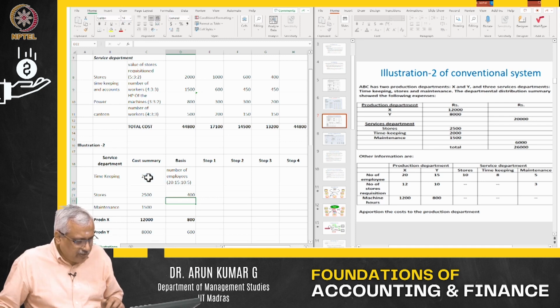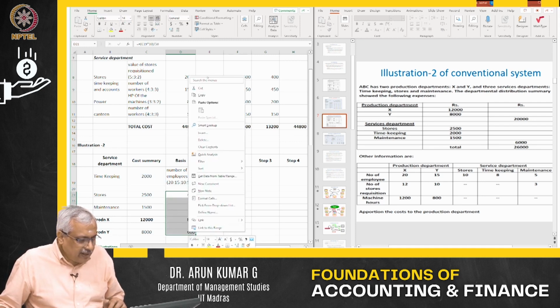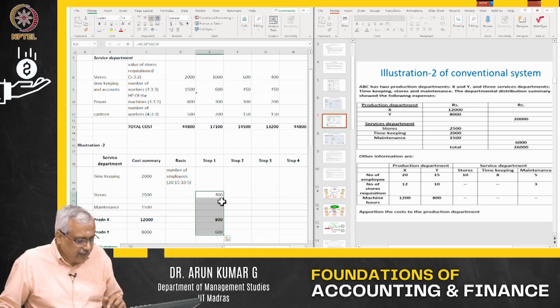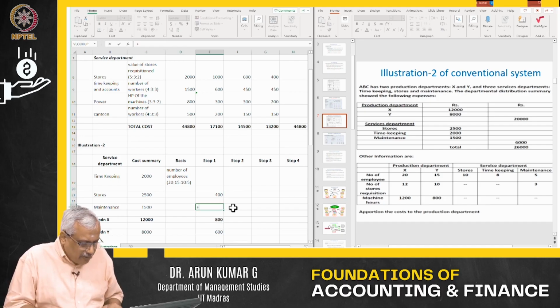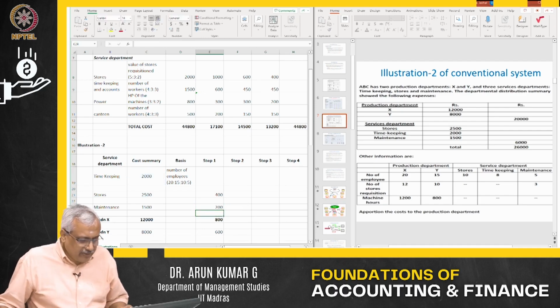I am sorry, I am just doing it in the wrong column. I should have ideally done it in this column. Let me look at step 1, the maintenance department, that is going to be 2000 into 5 divided by 50, and that is what is allocated.